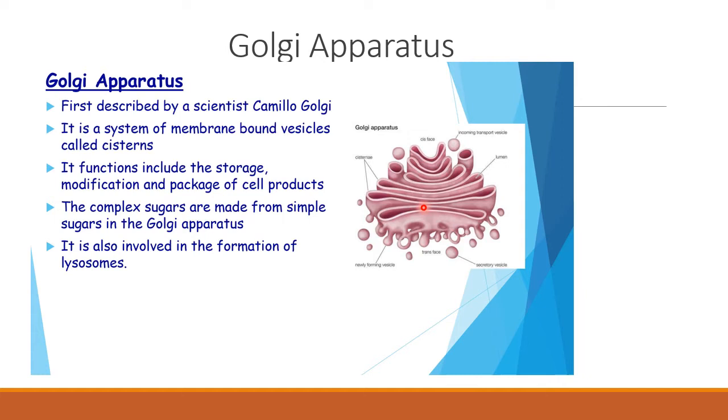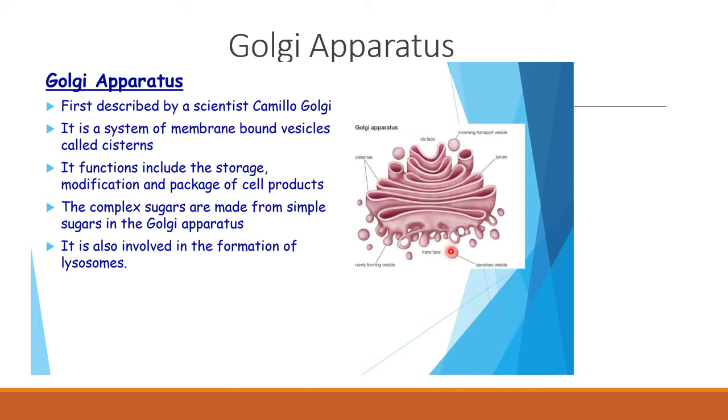It is termed dictyosomes. Now, the Golgi apparatus has two phases. Can you see here? This is the cis phase and here is the trans phase. The cis phase faces the nucleus, and the trans phase is towards the plasma membrane.